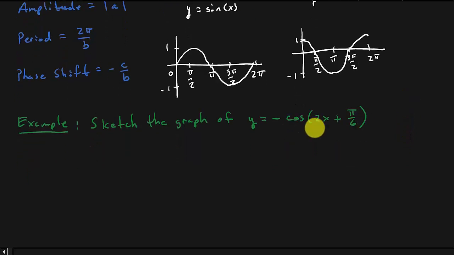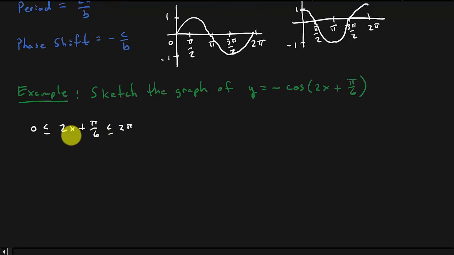All right, so let's graph this thing. The way that I show you to graph is if you've got sine or cosine, whatever you're taking the sine or cosine of, you take that and you put it between 0 and 2 pi, and you solve for x. So I'm going to subtract pi over 6 from both sides.